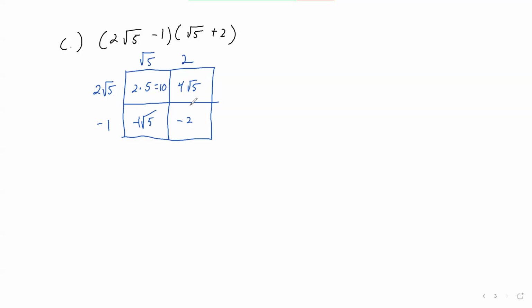The only thing is this is a little bit different from what we saw with quadratics. This diagonal will be able to combine, and so will this diagonal. So when you're combining like terms, you can combine them crisscross. So for example, what is 10 plus negative 2?